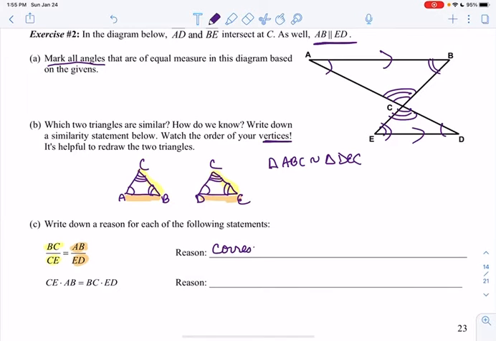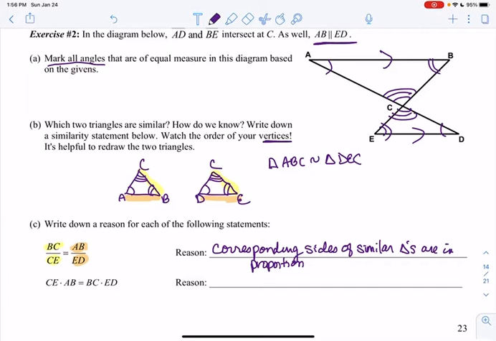So the corresponding sides of similar triangles are in proportion. So once I prove that the triangles are similar, I now know that the corresponding sides are in proportion. What's going to happen is this is going to be an extra step that we add on to a proof. So after I prove the triangles are similar, I can say the sides are in proportion.